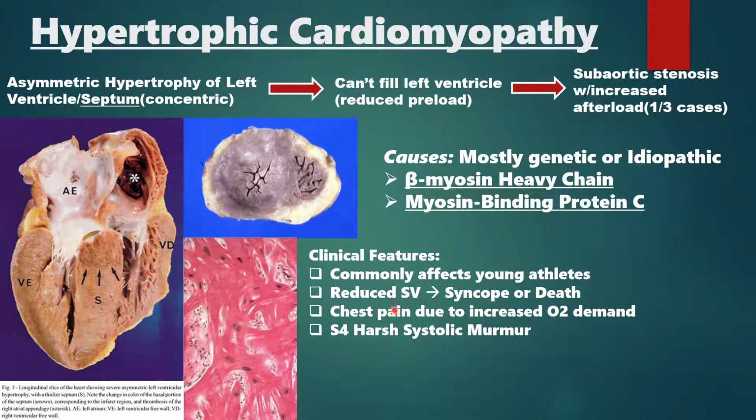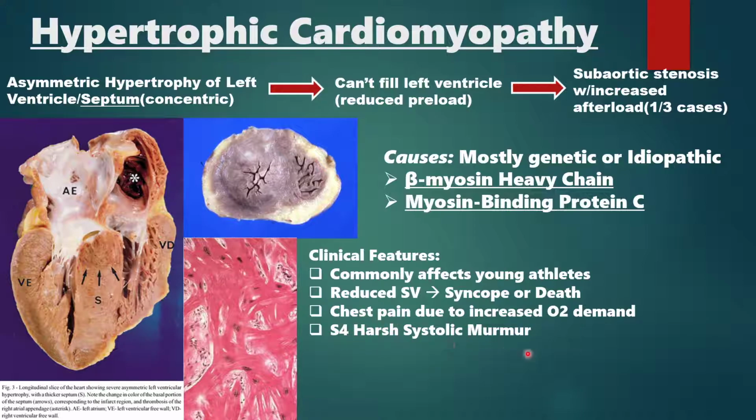If the heart walls are thickened, it's going to have problems filling, and so you're going to have a reduced stroke volume, and that's why they collapse. They can even die. They'll complain of chest pain because this wall is thickened so much that it's going to require more oxygen and more blood flow, and that increased demand is what causes their chest pain.